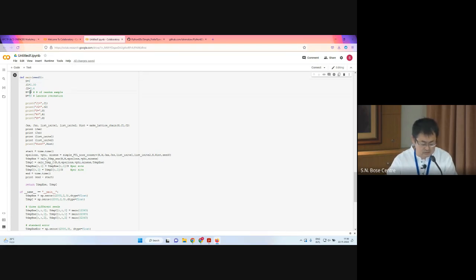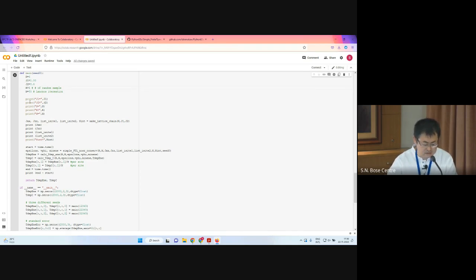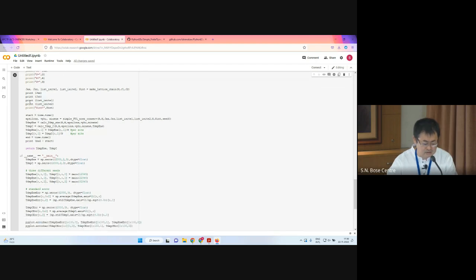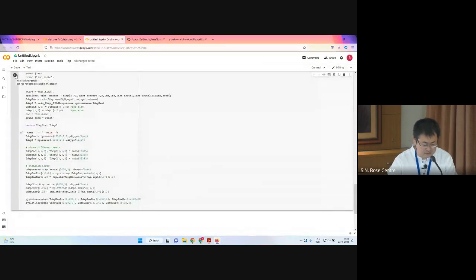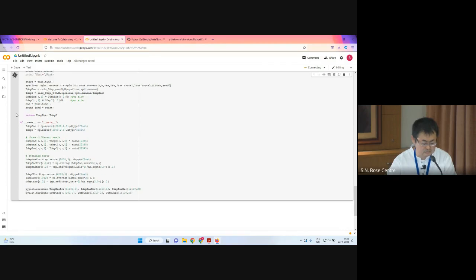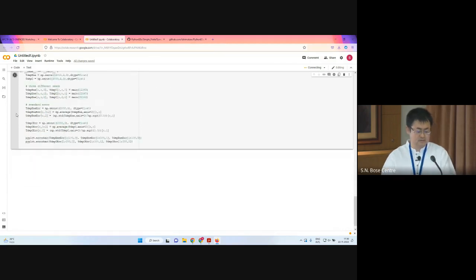So, for example, R equal 4 and M equal 50, and then you can run this Python code. If you don't have a laptop, I think that Google Colab can be used in your smartphone.